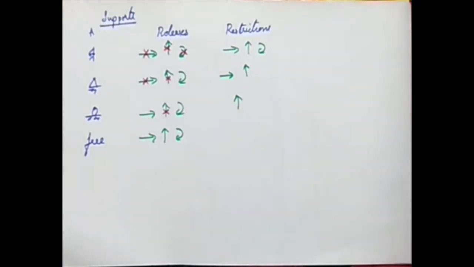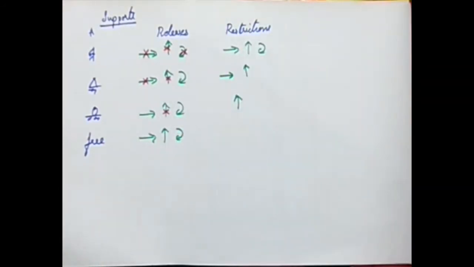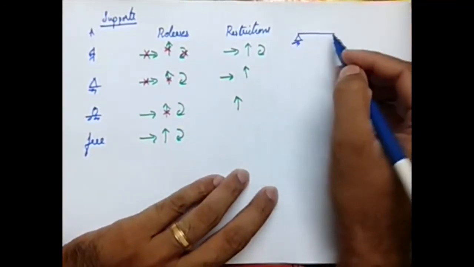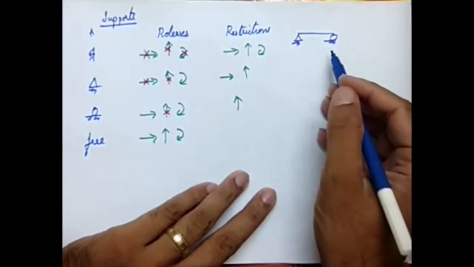When we get problems for analyzing beams, the support conditions will be given in the problem. So you should be able to convert a given beam into these reaction components. The best example: say you have a simply supported beam, which means a beam that has a hinge at one end and a roller at the other end.